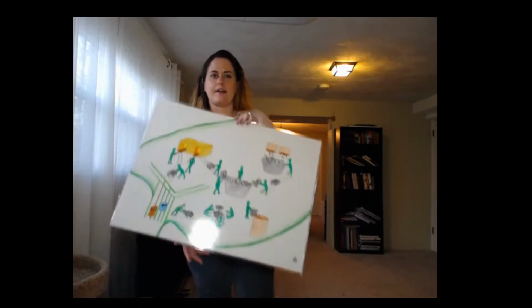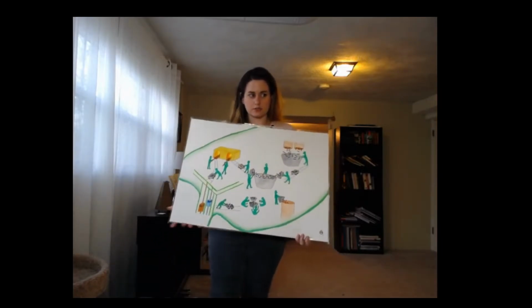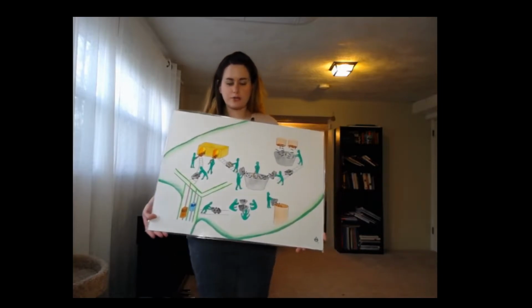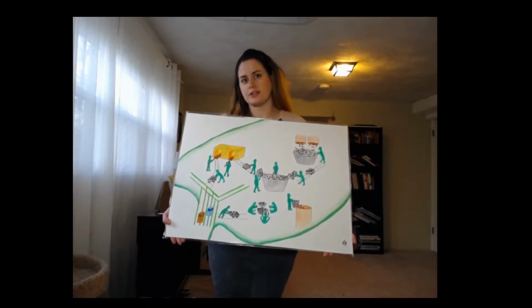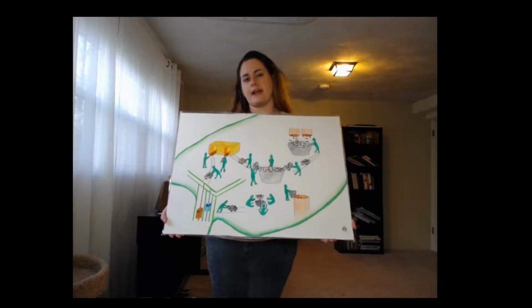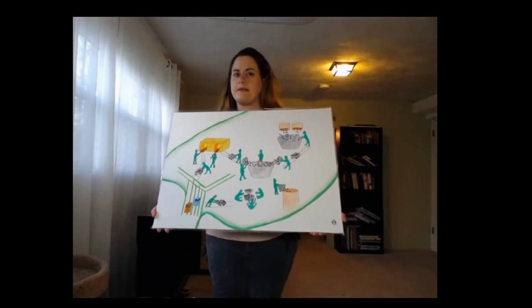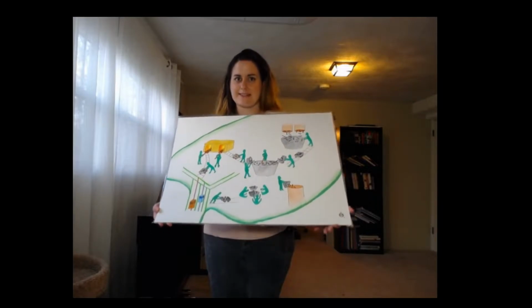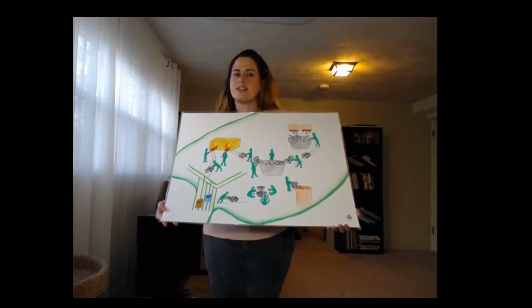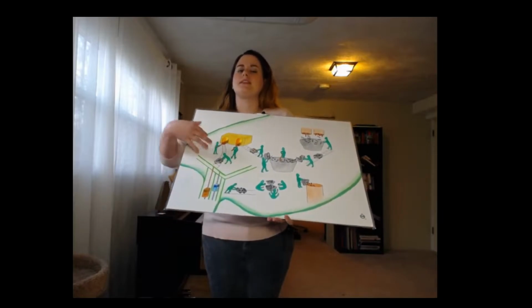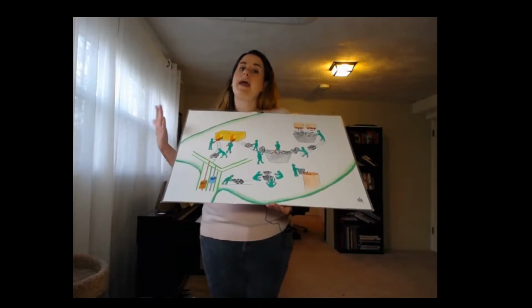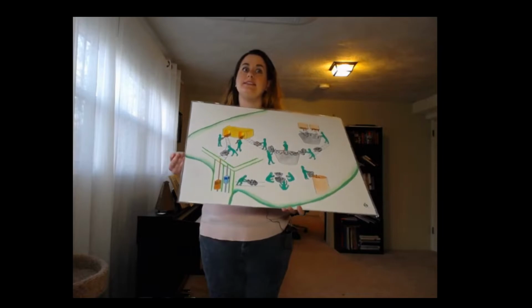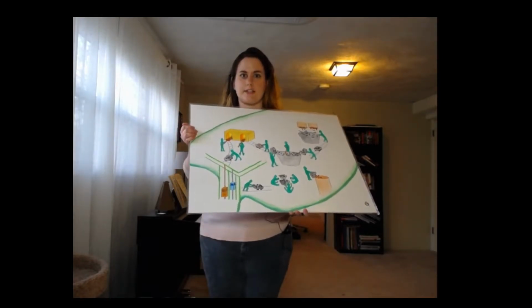So here we have a chart that shows the different steps of how the leaf makes its food. Now, there are not little green people living inside of leaves. Let's just be really clear about that. This is imaginary. It helps us understand the steps that the leaf goes through to make food in a way that is easy for us to comprehend.